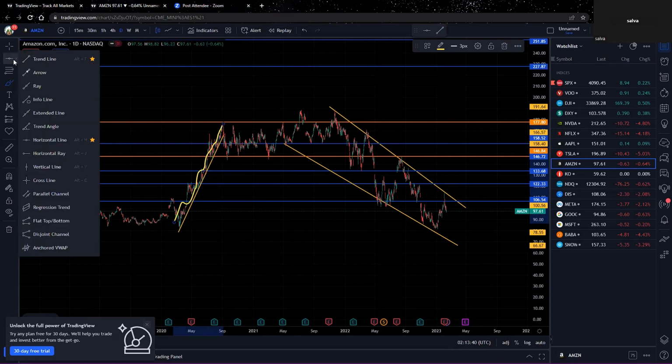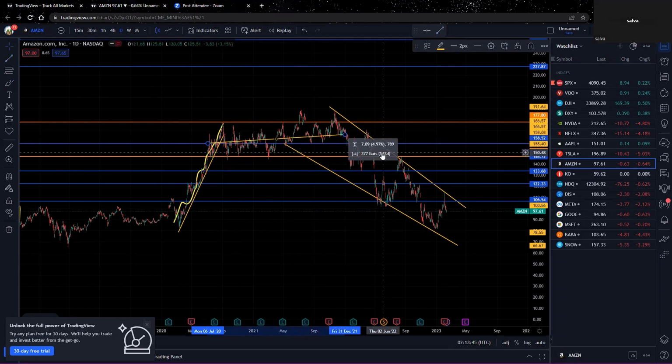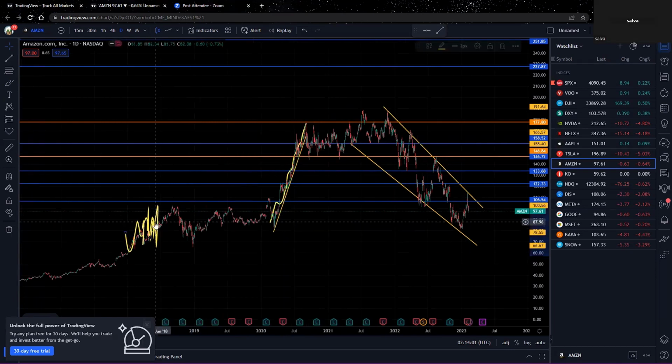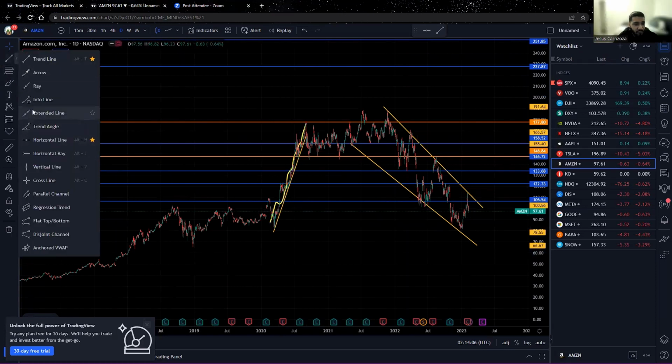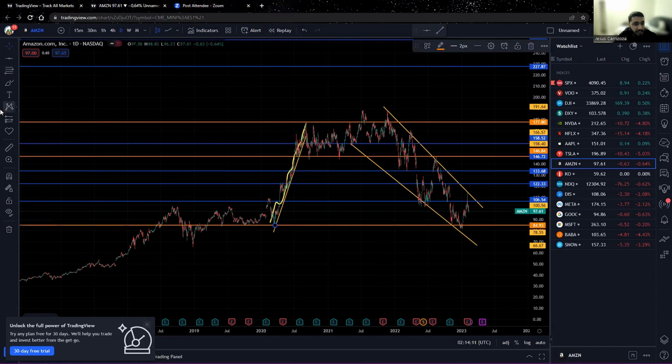If you see right here, we consolidated for how long? Almost two years. So you see how once a violent move happens, you're gonna get either a violent move down or a consolidation, meaning you're gonna consolidate forever. And if we look back, before this violent move up, we had consolidation right here.